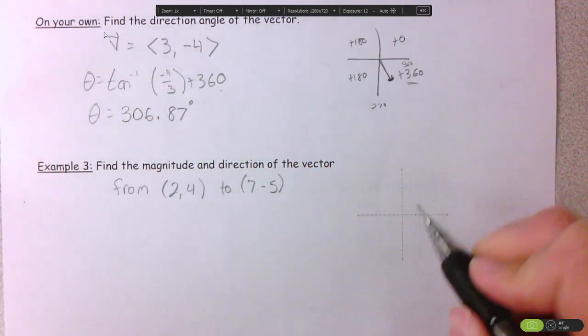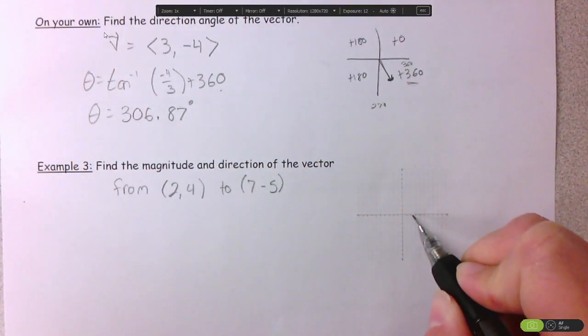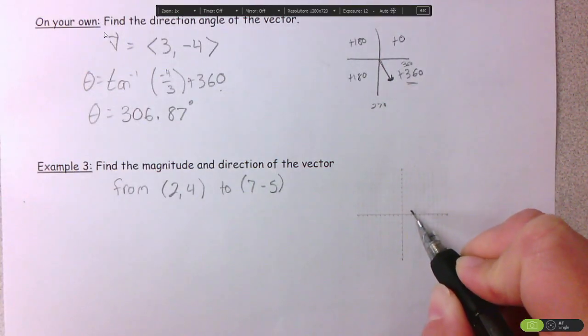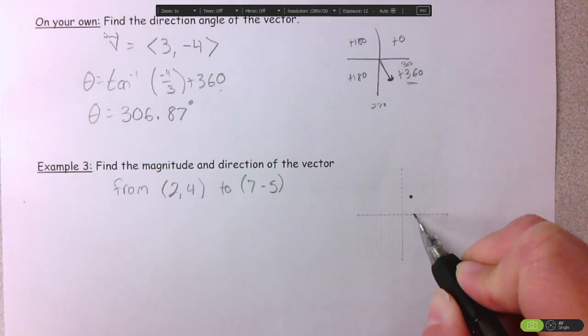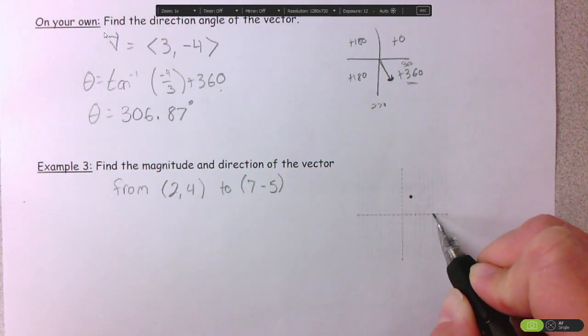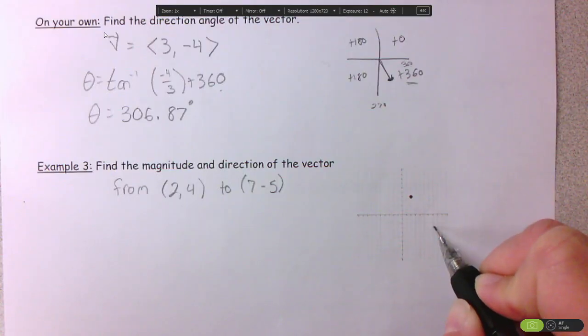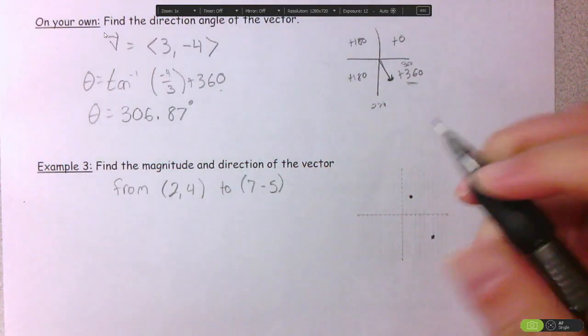So I have this graph here: 1, 2 and then up 1, 2, 3, 4, that's where I'm starting, and then 1, 2, 3, 4, 5, 6, 7, and down 1, 2, 3, 4, 5.